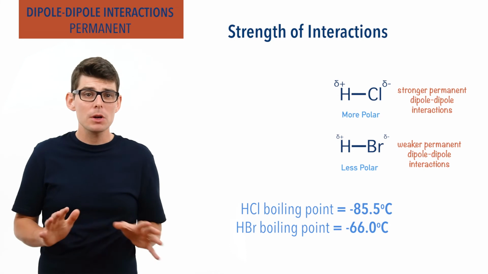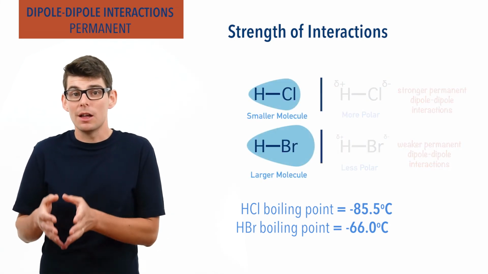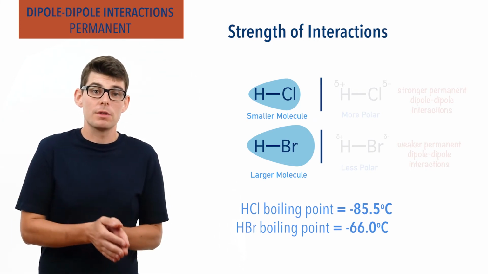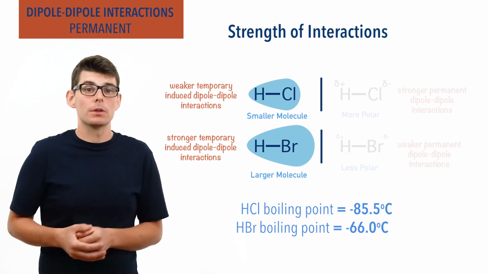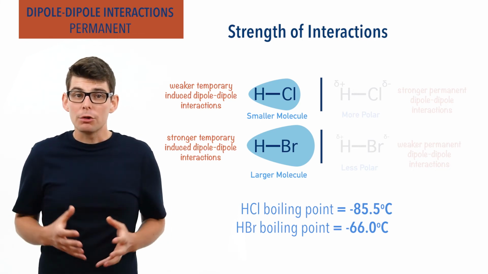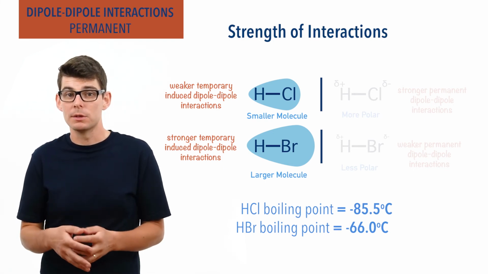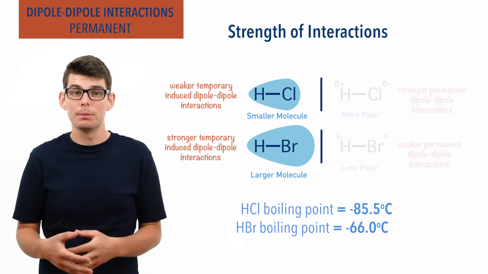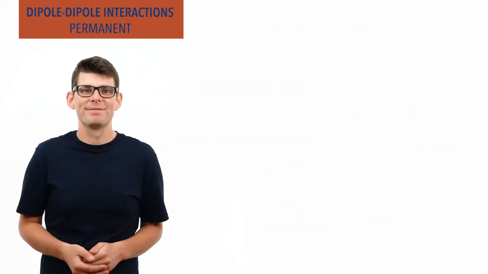Bromine atoms are much larger than chlorine atoms. This means that HBr is larger than HCl and the strength of temporary dipole-dipole interactions is stronger between HBr molecules compared to HCl molecules. This increased strength offsets the weaker permanent dipole-dipole forces between molecules and explains why HBr actually has a higher boiling point than HCl, even though it is a less polar molecule.